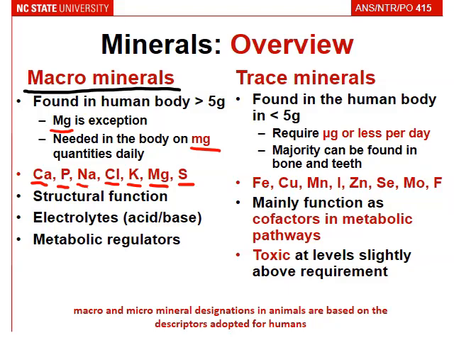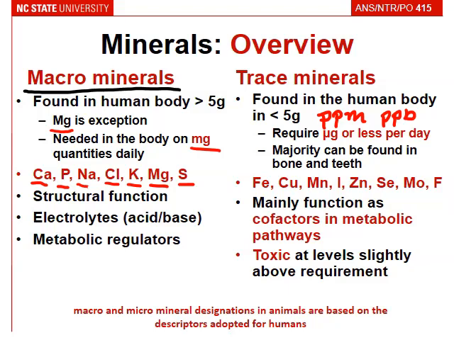Compare that to our trace minerals, which are found in the human body at less than 5 grams, and typically they are required in micrograms or less per day, also referred to as parts per million or parts per billion. The majority can be found within the bone and teeth, so we can store some of these. There are many various trace minerals, but we're going to focus on this class mainly due to time on our iron, copper, manganese, iodine, zinc, selenium, molybdenum, and fluoride.